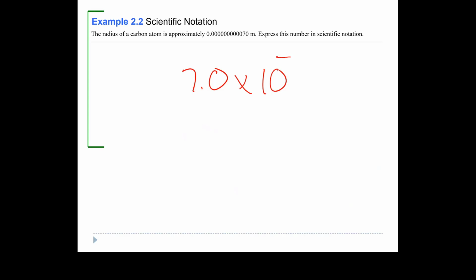We know it's negative because it's a small number. And then the only other thing is to figure out how many times the decimal gets moved, right? So let's see if we can count them here. 1, 2, 3, 4, 5, 6, 7, 8, 9, 10, 11. 7.0 times 10 to the minus 11. Everybody okay with that? Good.